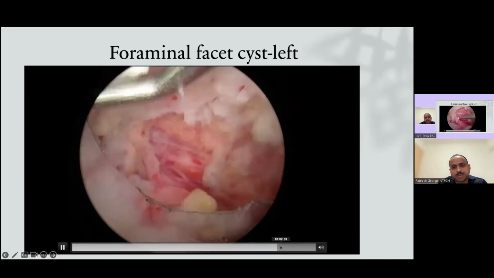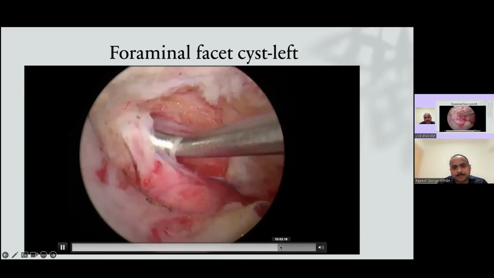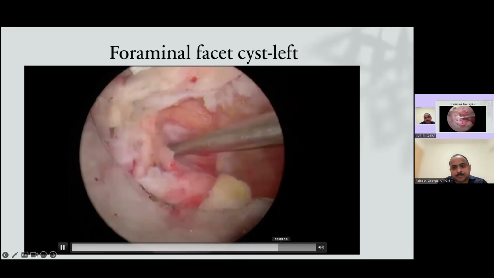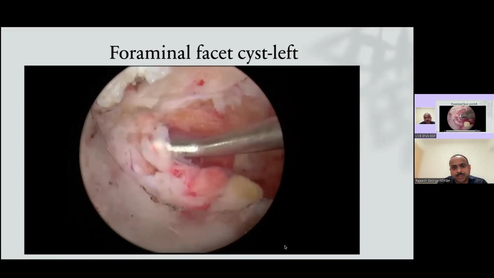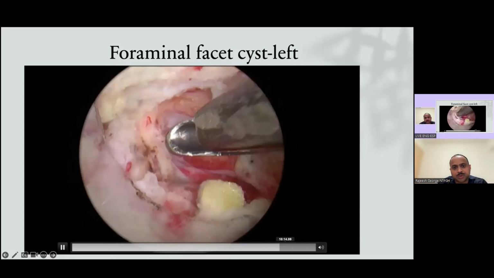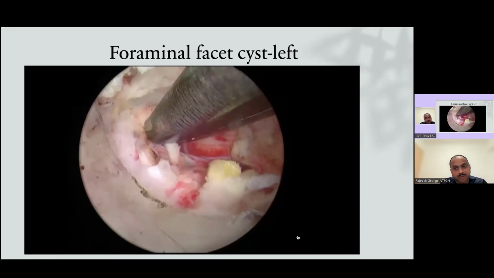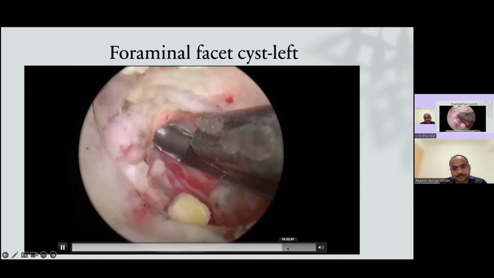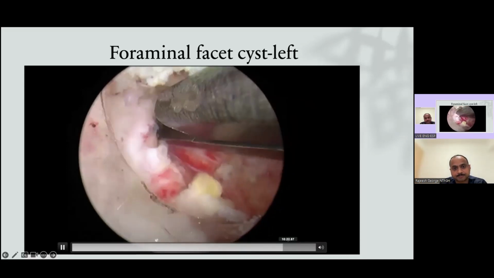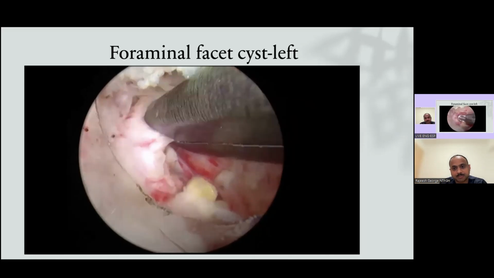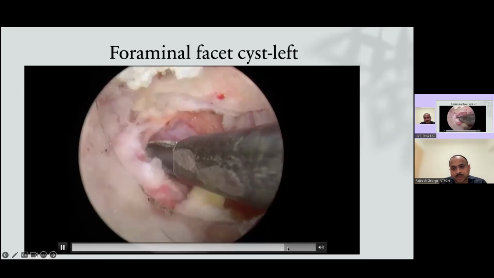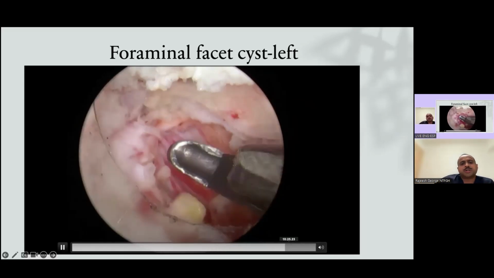And I will use more Kerrisons to clear it, and use a nerve hook as well. There you go. And then use your Kerrison gently around the nerve root to free it. So in Singapore, getting a post-op MRI is also quite expensive.